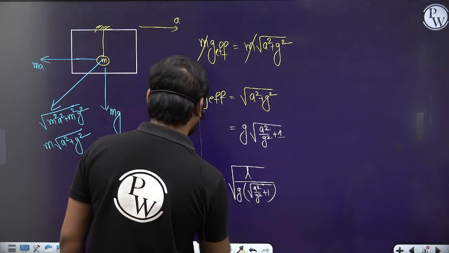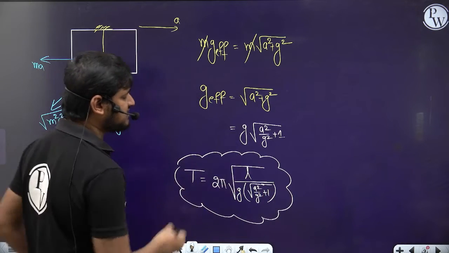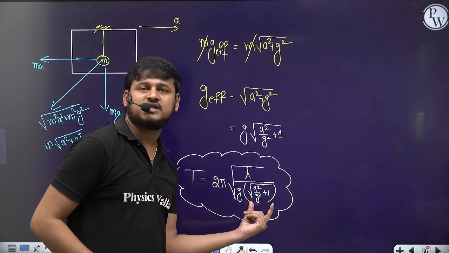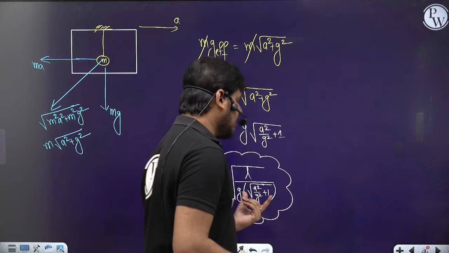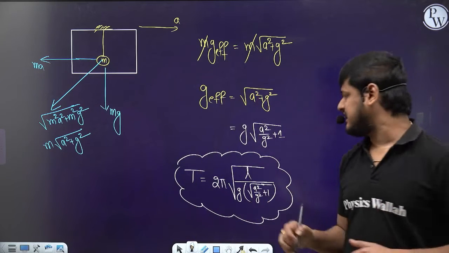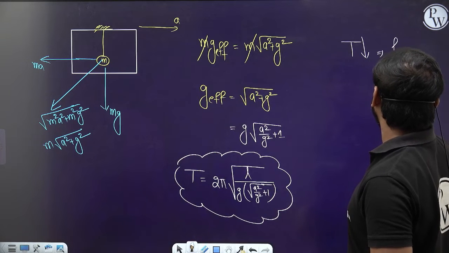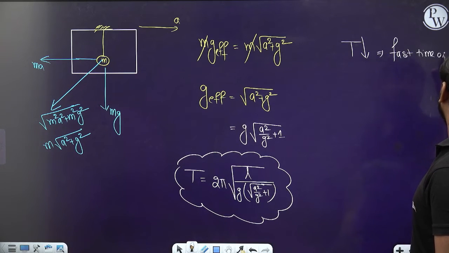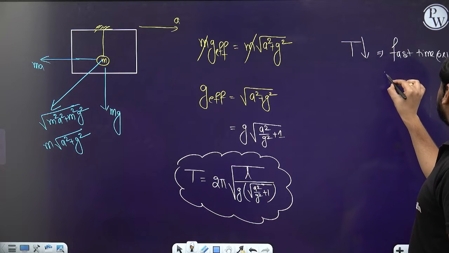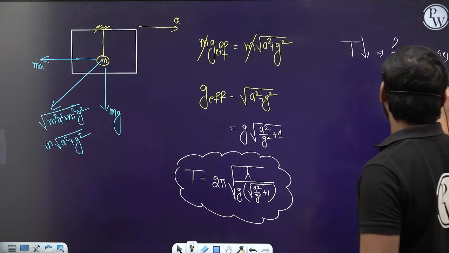Which means here the time period has to be actually 2 pi into root over L by g, and there is some additional term in the denominator, which means again the denominator term is more, the time period decreases. So this is a fast time, or time gain takes place in this scenario.